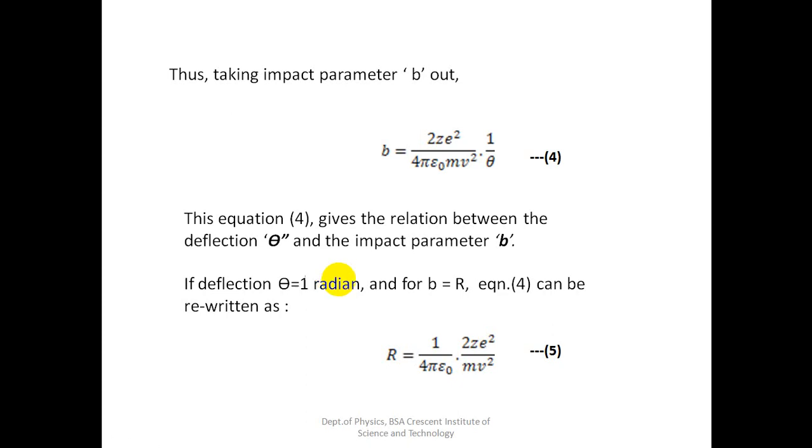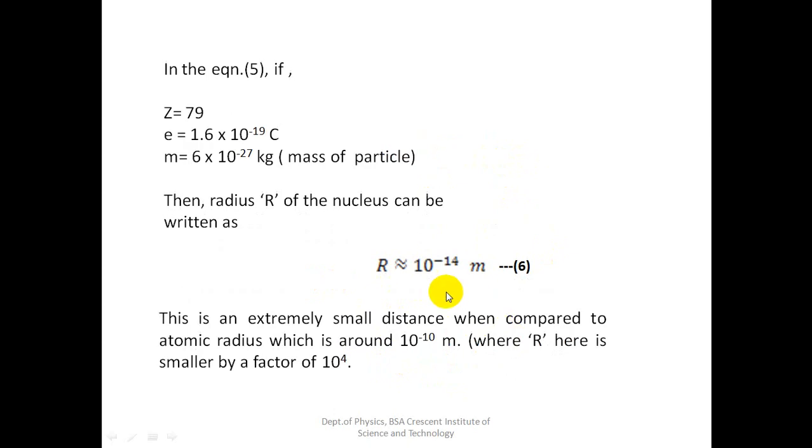Scattering angle will be greater. So let's consider that kind of case here, where b is equal to r, theta is taken as 1 radian, then you'll find r is equal to 1 by epsilon naught 2Z square e square by mv square. So we know the substitution of these constants, Z equal to 79, the alpha particle's mass is substituted here, and you finally reduce down to r approximately equal to 10 power minus 14 meter.